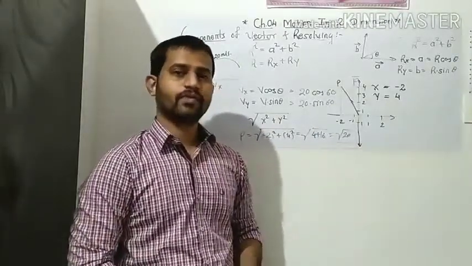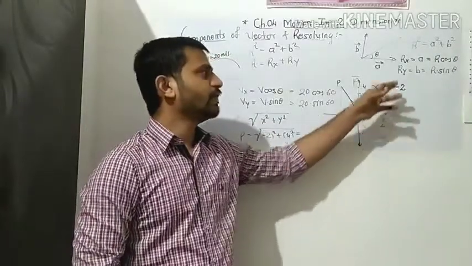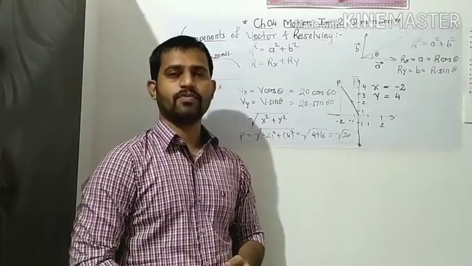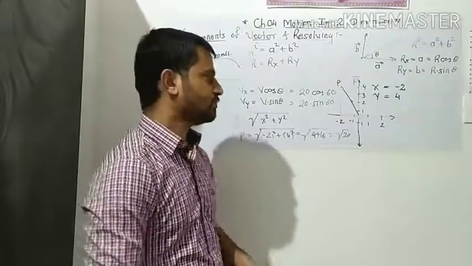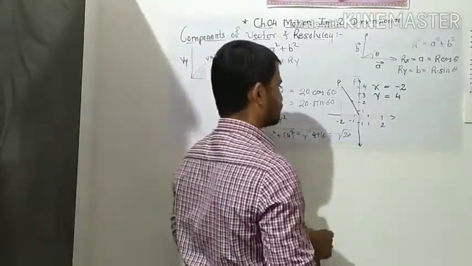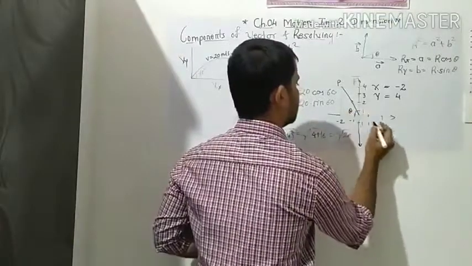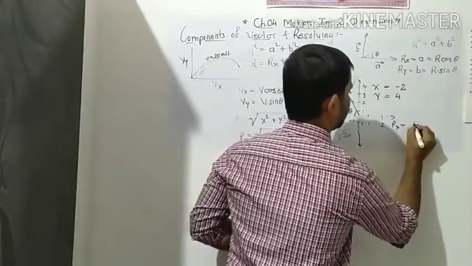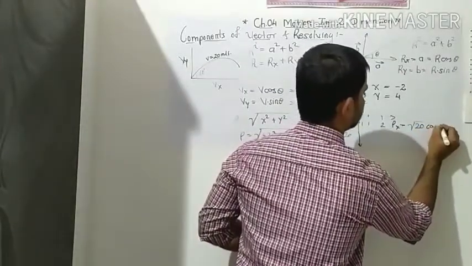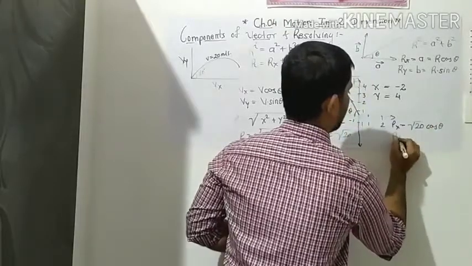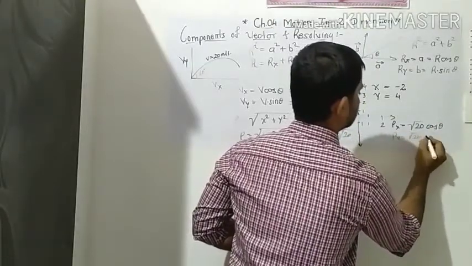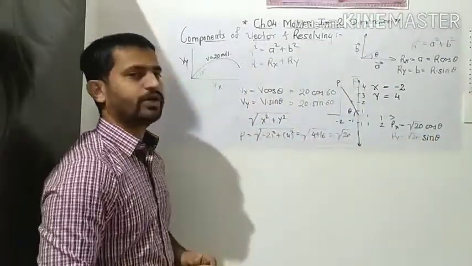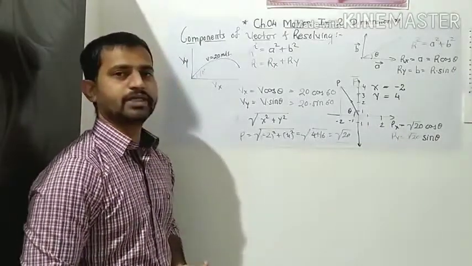Okay, and if we know the angle theta, then we can find the x components and the y components in terms of the angle theta. Suppose we know this angle theta, then Px is given by its magnitude, under root of 20 cos of theta, and Py is equal to under root of 20 sine of theta.